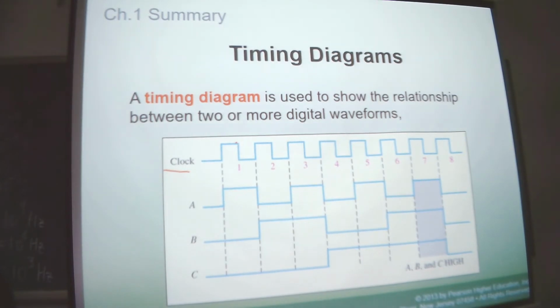The first clock period, the second period, the third period, and the eighth period. In the first period, the value of A is high level, and the value of B is low level. The value of C is low level. A, B, C are three different digital signals.